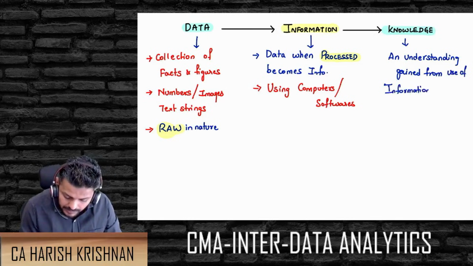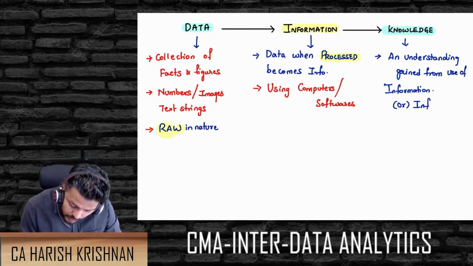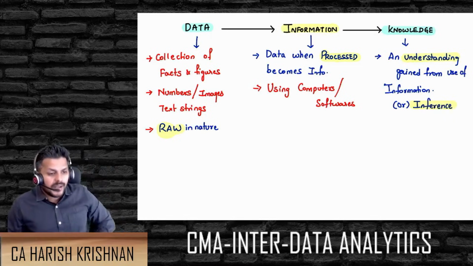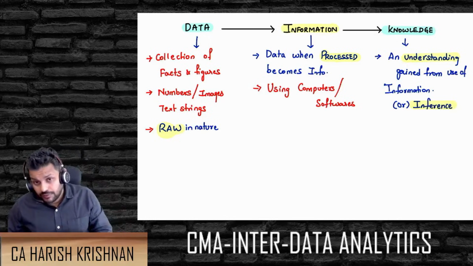You can call it an understanding or inference. What did you infer from that? Infer means understanding, only a better word for that. Data is raw, information is the processed form, while knowledge is universal, right?